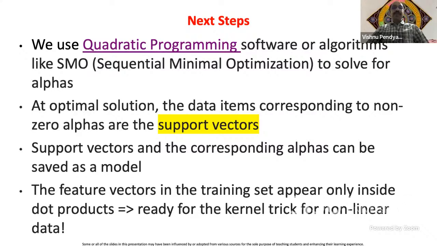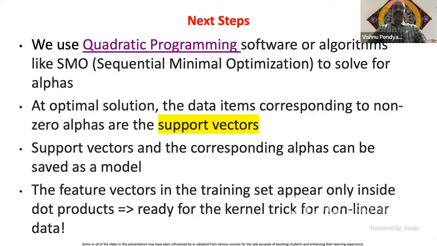Now, at the optimal solution, the data items corresponding to non-zero alphas are the support vectors. Remember, we are trying to optimize, and when L is optimized, we determine the alphas, and for those values of alphas, the data items for which the alphas are non-zero are the support vectors.